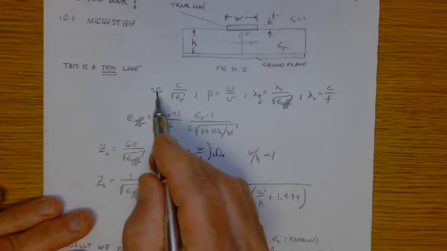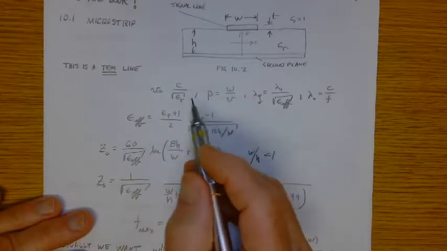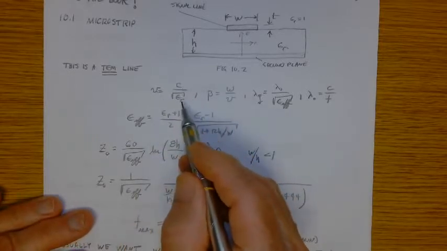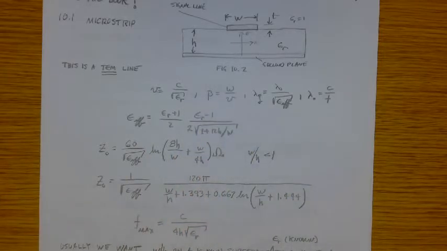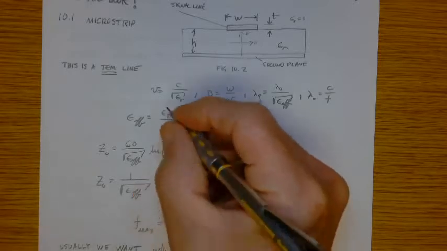All right, so the velocity is the speed of light divided by, let me check that formula real quick, yeah, got to be a little careful there.